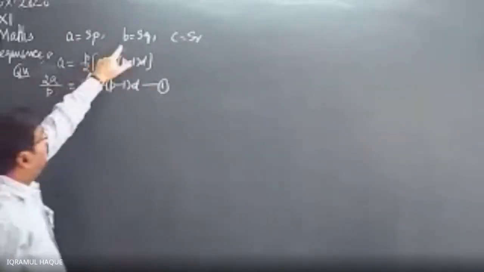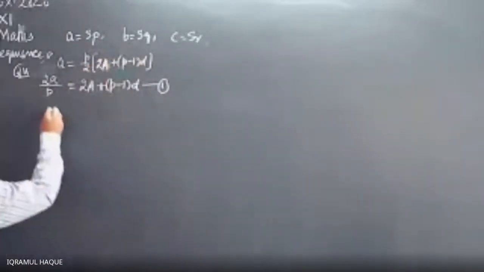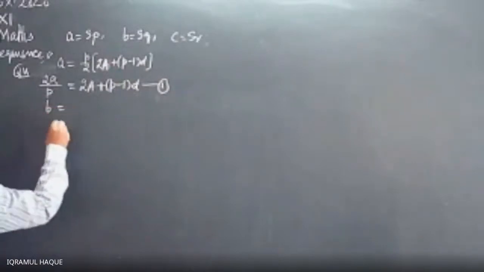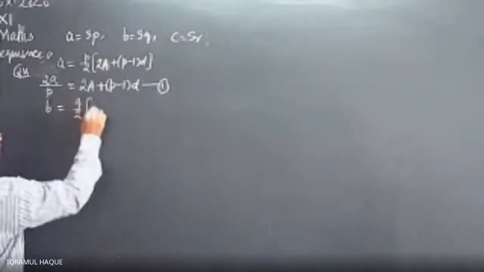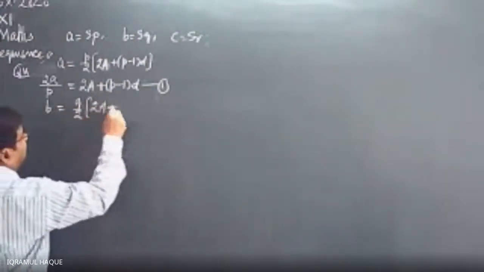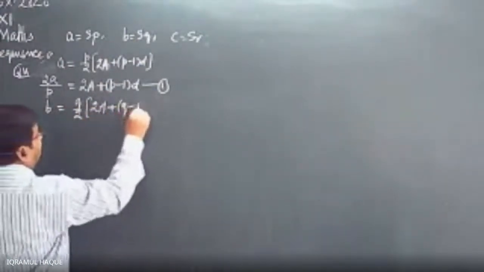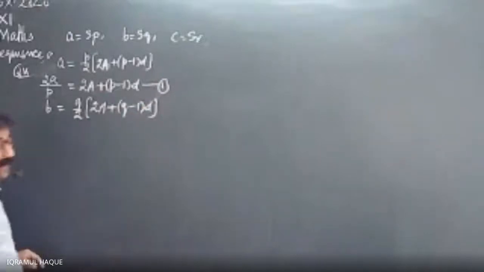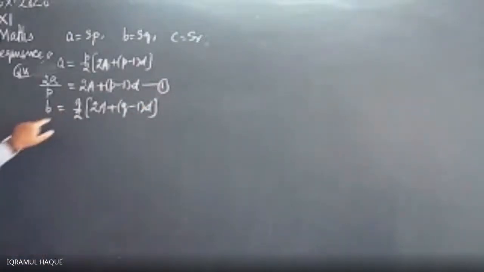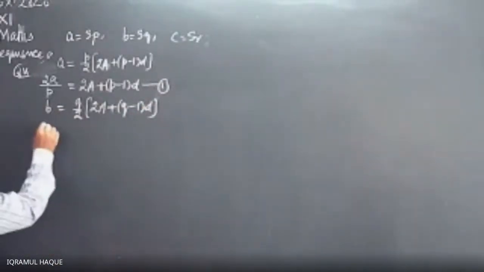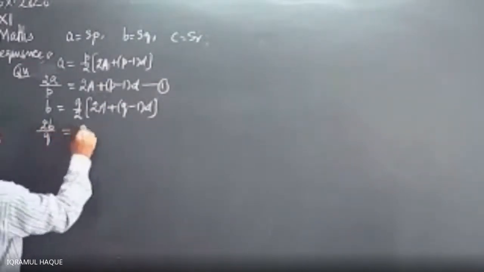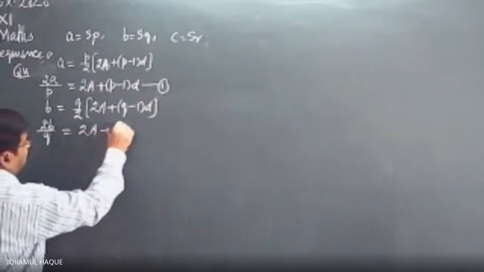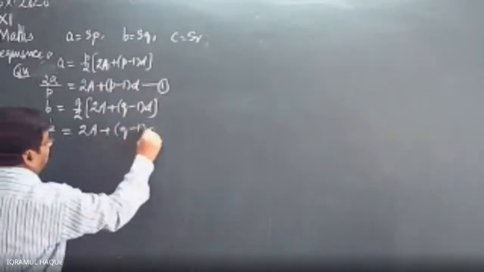Similarly, for b, sum of q terms, b is equal to q by 2, 2a plus q minus 1 into d. Again, get the value of b by q, cross multiply. We have 2b upon q is equal to 2A plus q minus 1 into d.